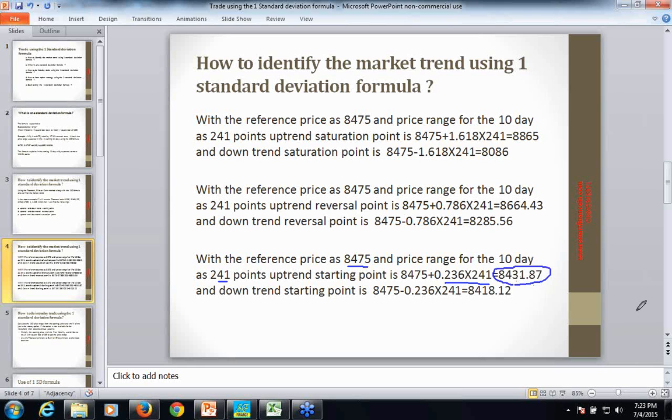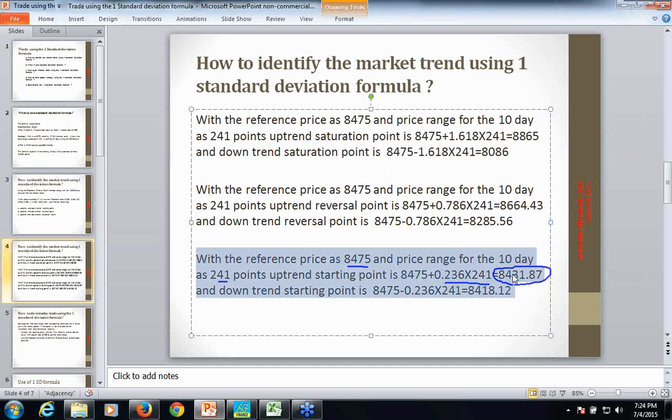I think I made a mistake. 241 multiplied with 0.236 comes to 56 points, added with 8475. So this is saying 8531.87. This is the price point at which your uptrend will get confirmed.